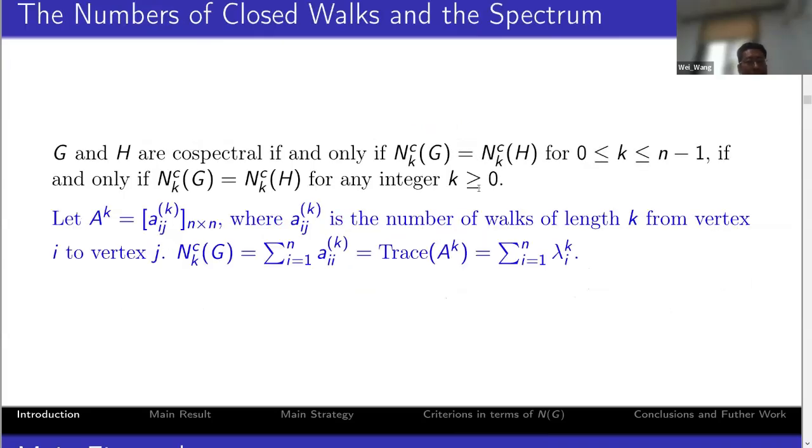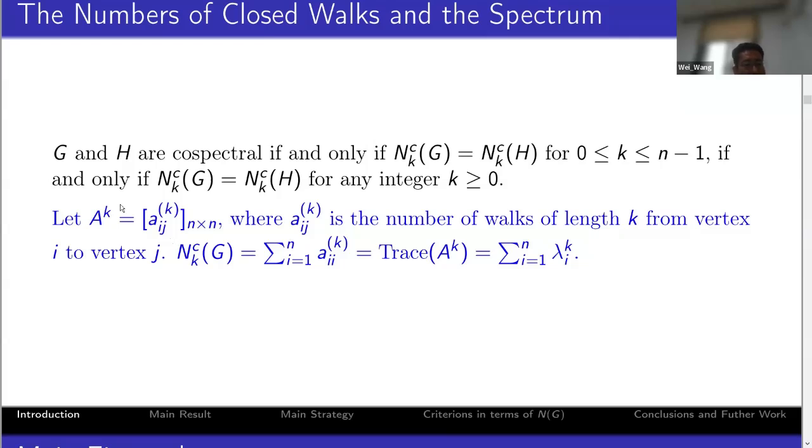And the number of closed walks and the spectrum, there is a close relationship. If two graphs G and H are co-spectral, then they have the same number of closed walks of any length. This can be seen from a simple formula.